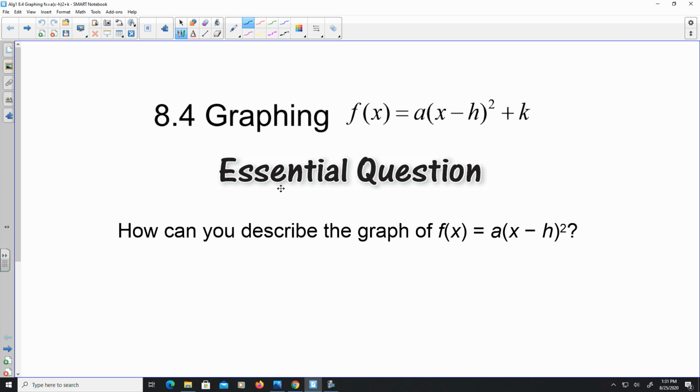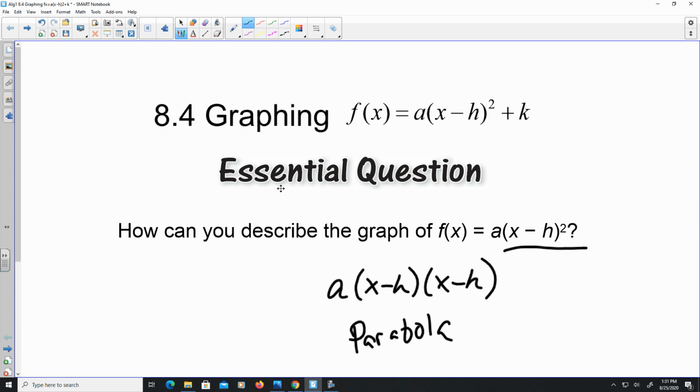Again, if you were to expand this portion right here, you would realize it's a times the quantity of x minus h times the quantity of x minus h. And if you FOILed this out, it would still end up being a quadratic. Since it's still a quadratic, it is still a parabola.